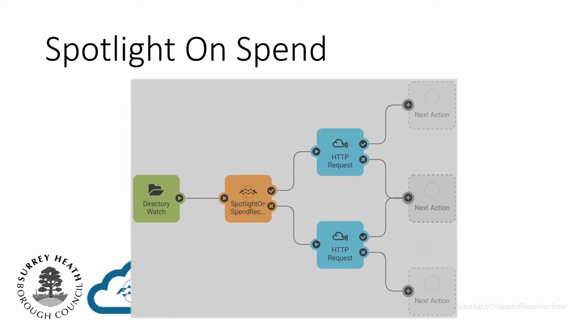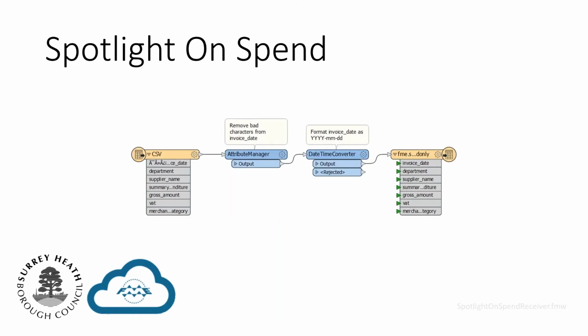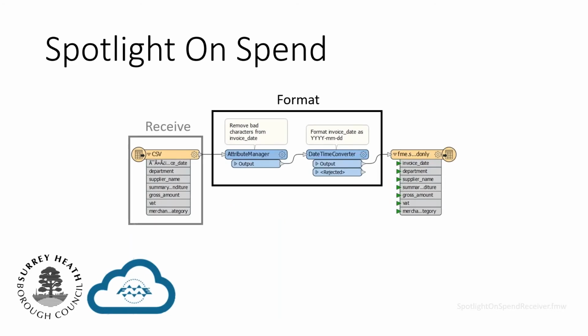And once it picks up that file, it kicks off a very simplistic workspace, which receives the file, does some formatting to remove some characters that Excel likes to put in, and again does some date formatting, and makes sure everything's ready for that data then to be written into Amazon's RDS.